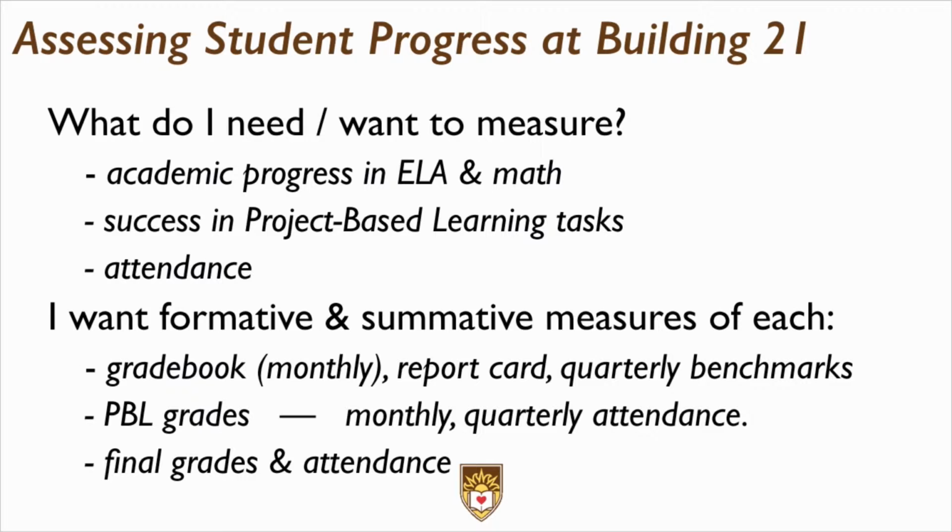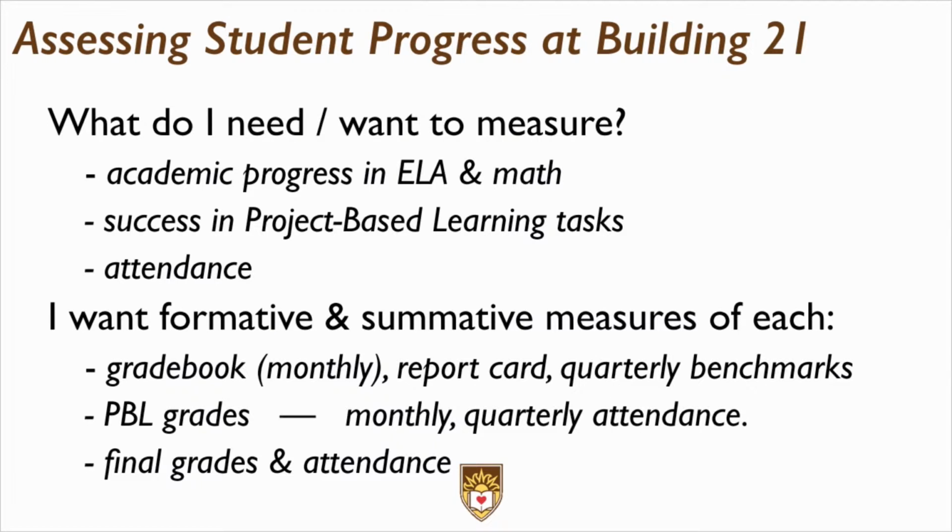So for each of those, I'd want to identify a formative and a summative measure. For formative measures, a gradebook, monthly checks, quarterly report card grades, and other benchmarks of criterion-based assessments in specific ELA and math tasks, so I can see by month and by quarter how students are doing. That's enough time to go back and help them, hopefully.